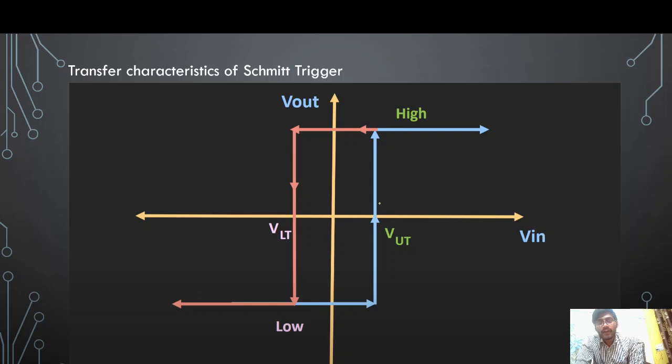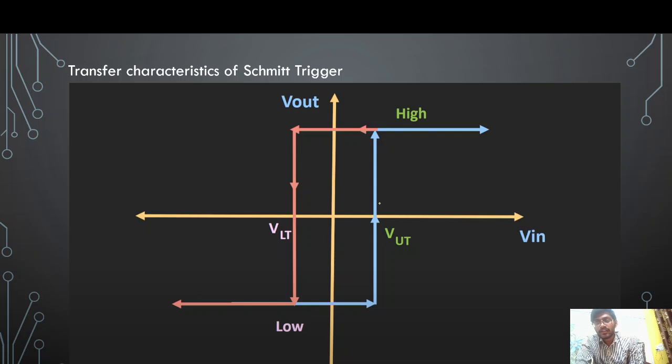Now here we have the output voltage levels VH and VL equal and opposite in polarity, so that the curve is symmetric with respect to the y-axis. And by providing a reference voltage as an input to this Schmitt trigger, we can shift this curve to either the right or left hand side.